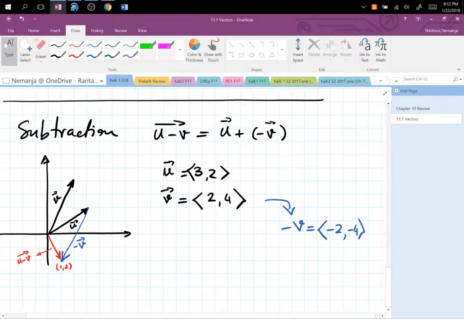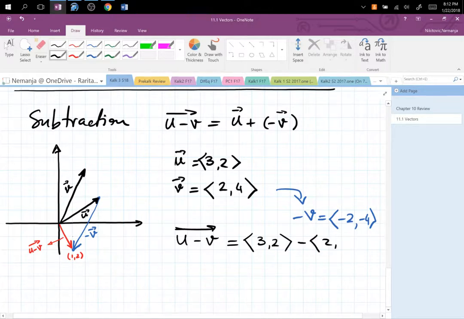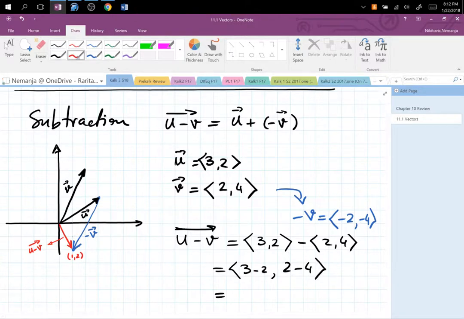So let's work out the calculations. I have u minus v to be 3, 2 minus 2, 4, which is 3 minus 2, comma 2 minus 4, which is the red one. Yay!